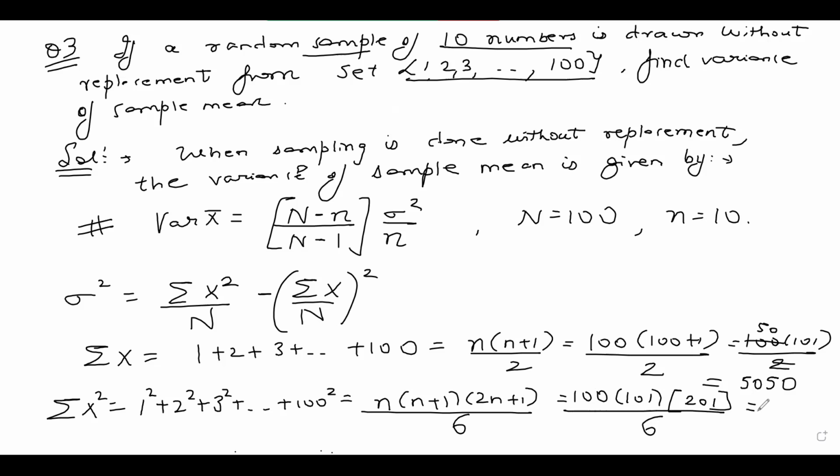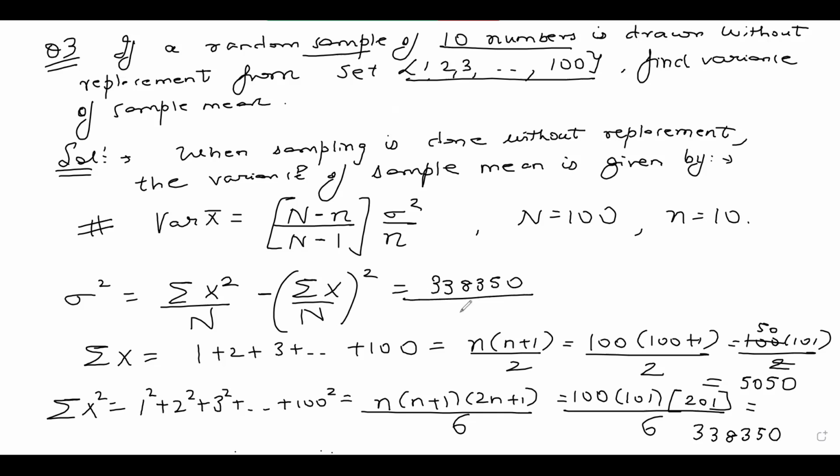If I calculate this, we have 100 into 101 into 201 divided by 6, which is 338,350. So summation x square is 338,350.